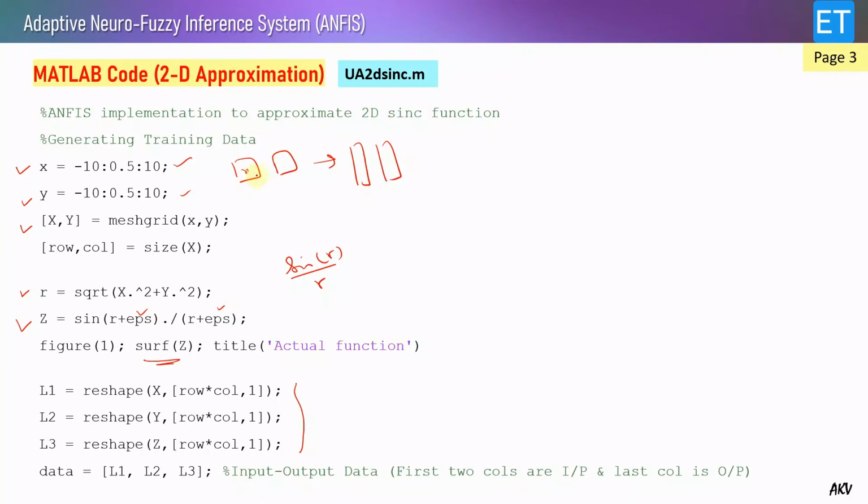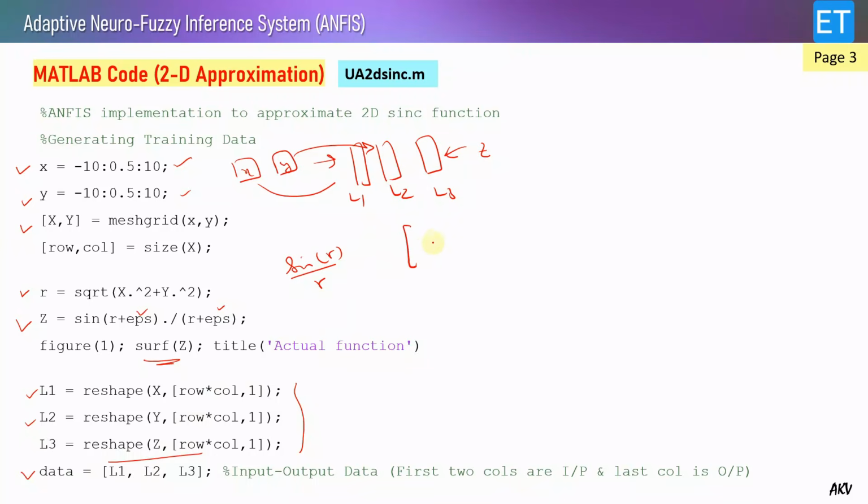So x is converted into L1, y is converted into L2, and the output z is converted into L3. Then L1, L2, L3 are all combined together to make the data. So the data variable is created, which is carrying all the inputs and output.